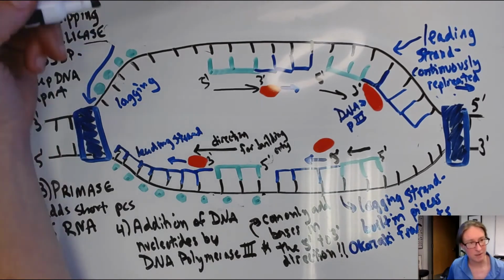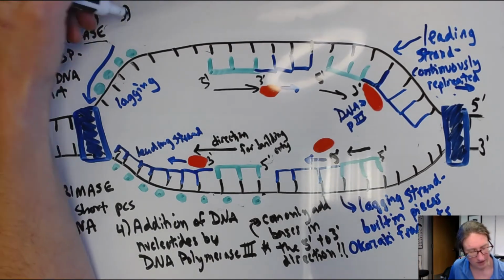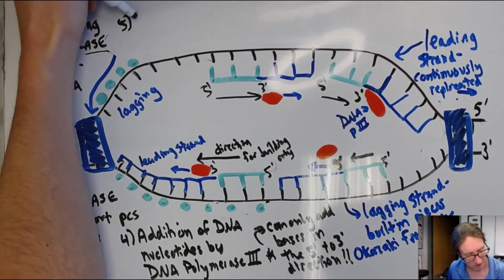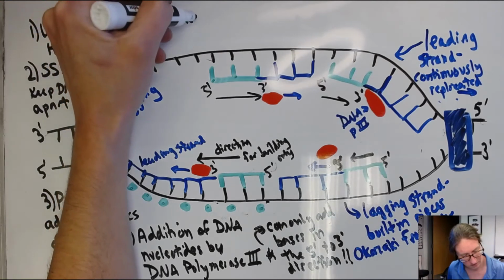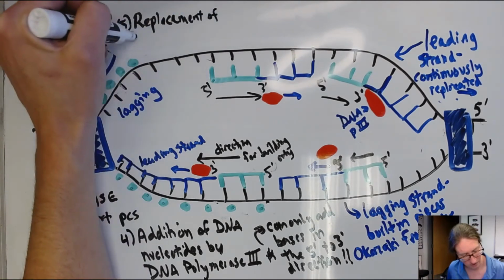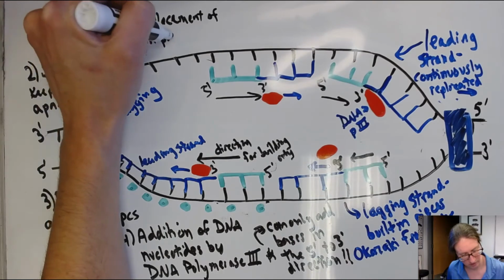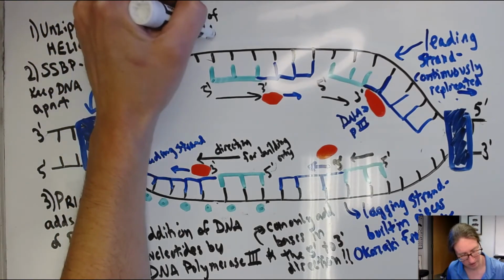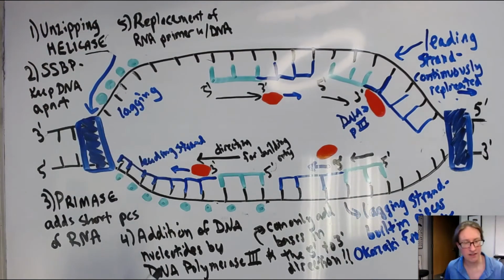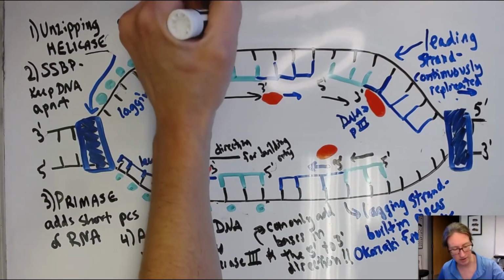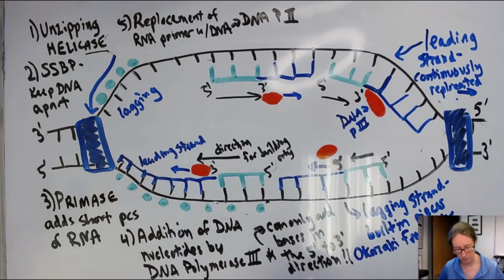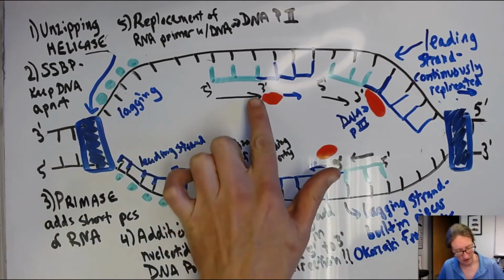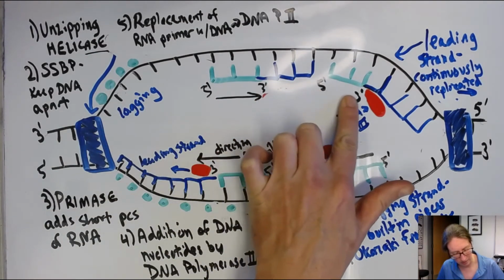So our fifth step in this process is going to be the replacement of the RNA primer with DNA. And that's accomplished by another DNA polymerase. This is done by DNA polymerase 2. Okay, so DNA polymerase 2 is going to come in, and so I'm going to erase my DNA polymerase 3 here.